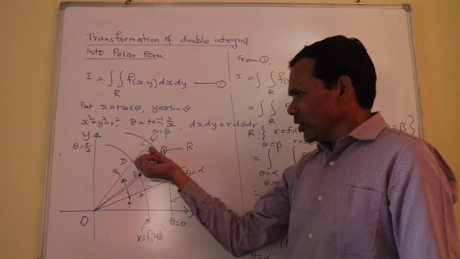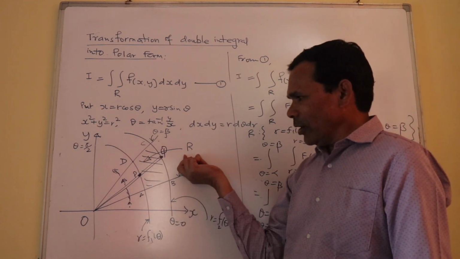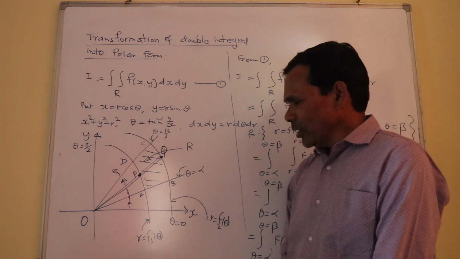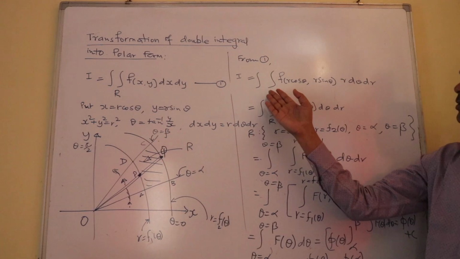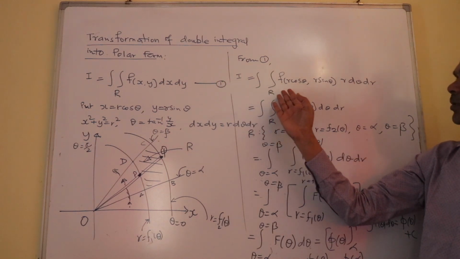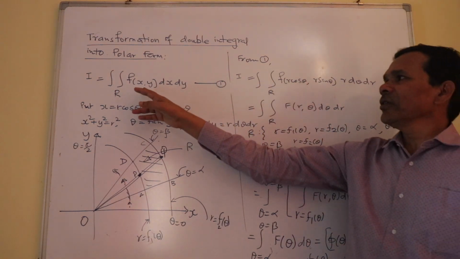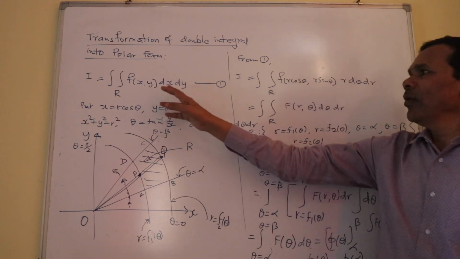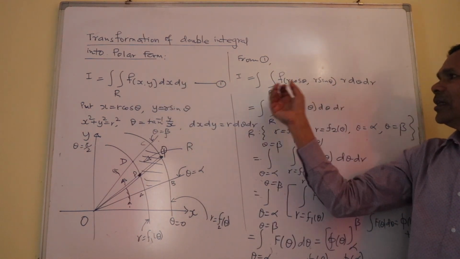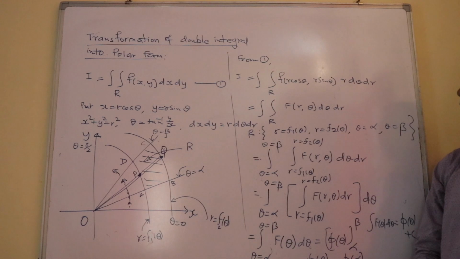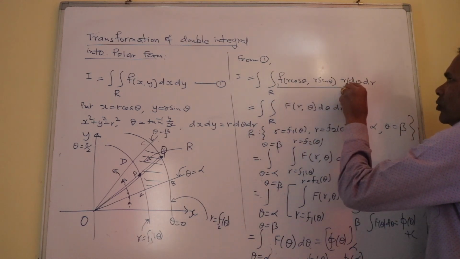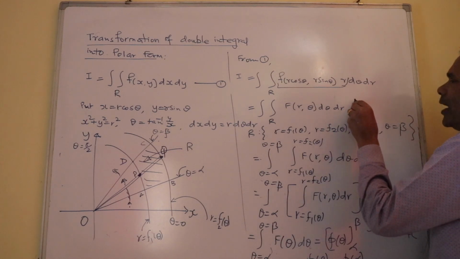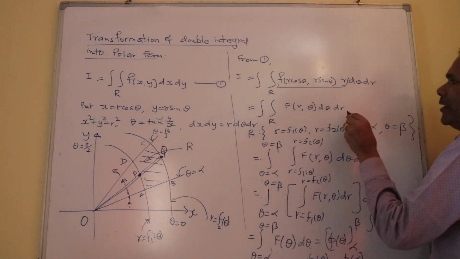So this region, if you observe, R, is the domain or region of integration. Now we transform this double integral into polar coordinates. It is this: double integral over R of f of x, with x equal to r cos theta I have put, y equal to r sin theta, then dx dy is r d theta dr. So normally this whole thing is a function of r and theta.